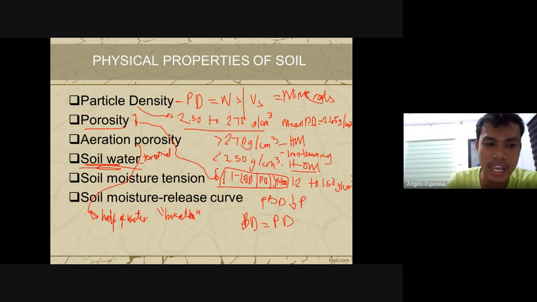The soil water also carries ions and solutes to plant roots, where they can be absorbed. Ions and solutes, because it is not pure water in the soil water. It is a solution because it is already mixed with inorganic and organic matter.